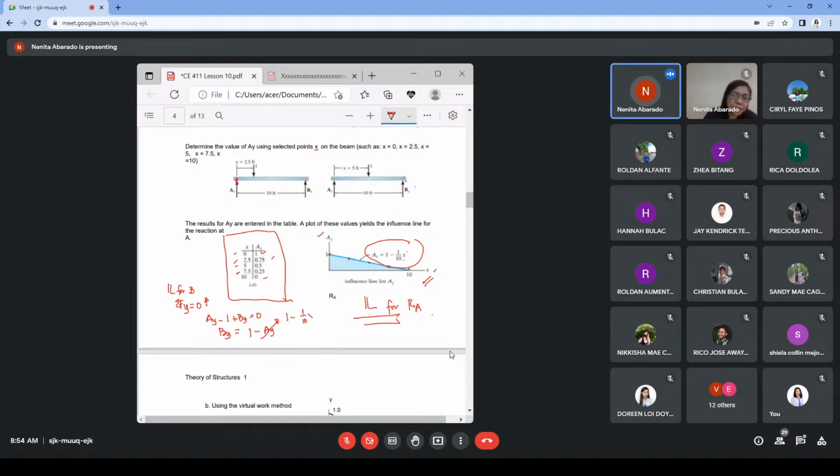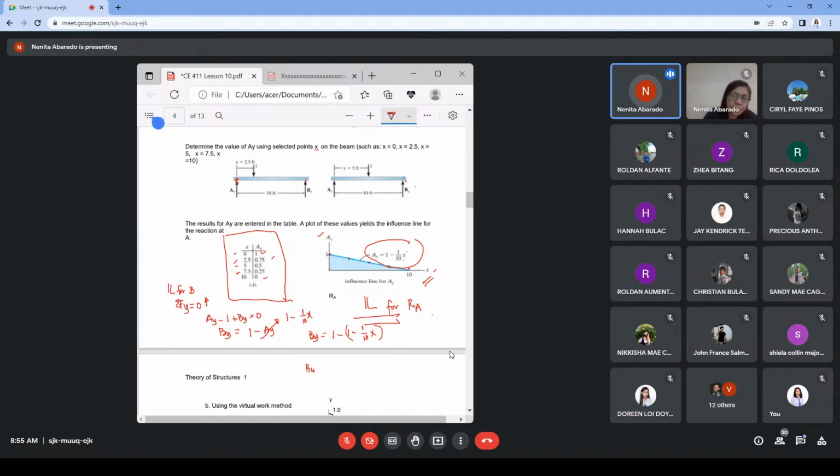So therefore you can get the equation of BY, which is 1 minus 1 minus 1 over 10x.